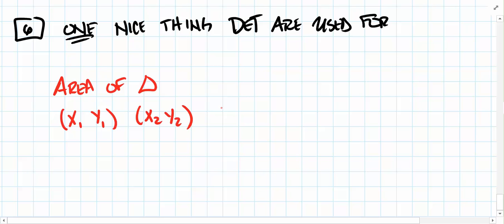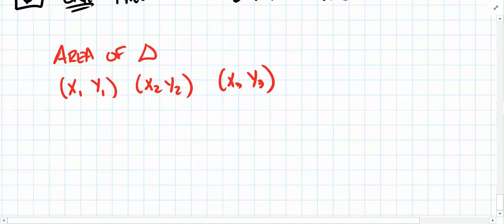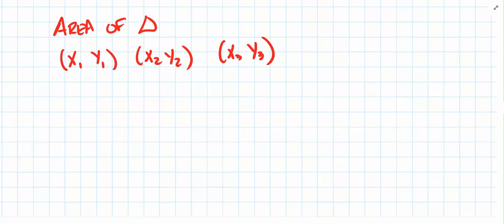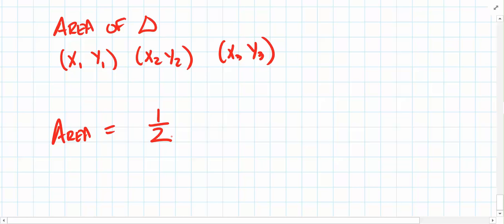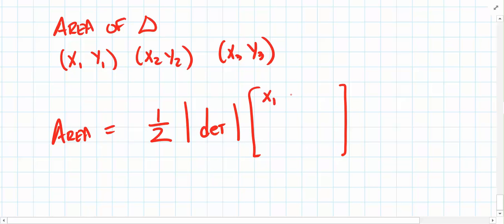The area of a triangle with these 3 points is going to be 1/2 the absolute value of the determinant of the matrix with these 3 points: x1, y1, and then the number 1, x2, y2, and the number 1, x3, y3, and the number 1.